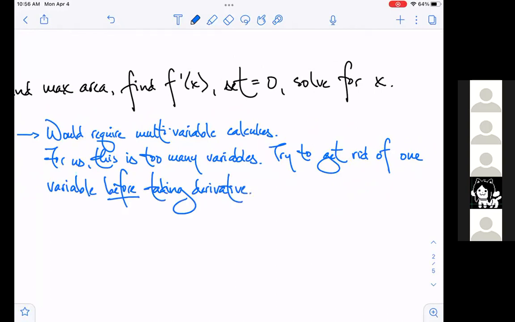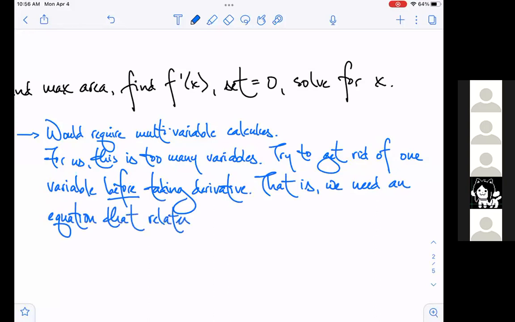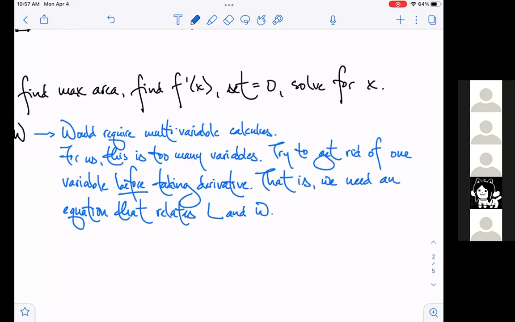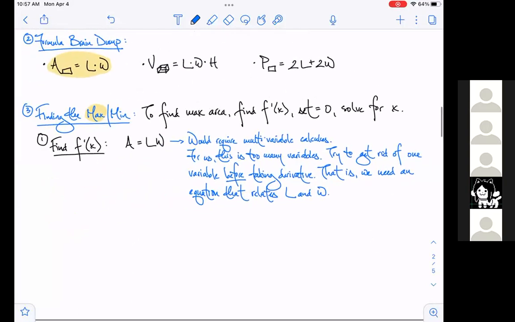Right? Try to get rid of one variable before taking the derivative. That is, we need an equation that relates length and width. Okay, we need an equation that relates length and width.